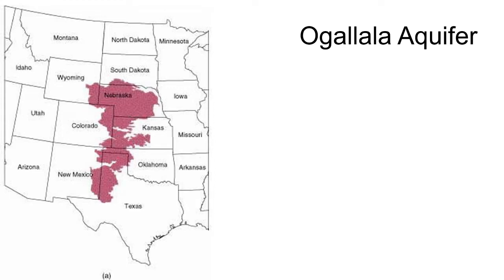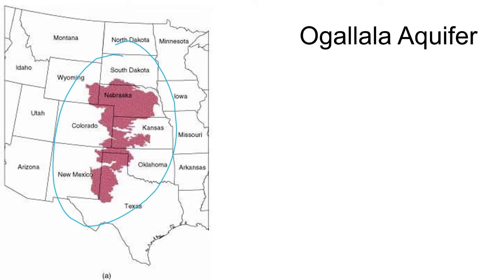What they didn't realize in the 1920s and 30s during the Dust Bowl was there was actually a lot more water under their feet than they realized. There's this big, huge aquifer called the Ogallala Aquifer, and it is over about 3 or 4 states, and there's a lot of water down there.